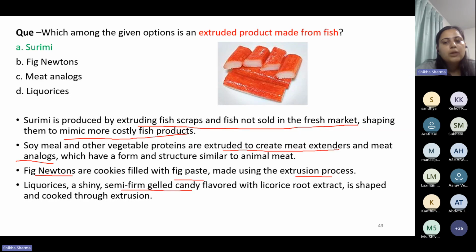They are made from the liquorice fruit extract, and they are also made with the help of the extrusion process. So option A, surimi, is the correct answer, which is the product made from the fish, and we extrude it and try to make it similar to costly fish products.